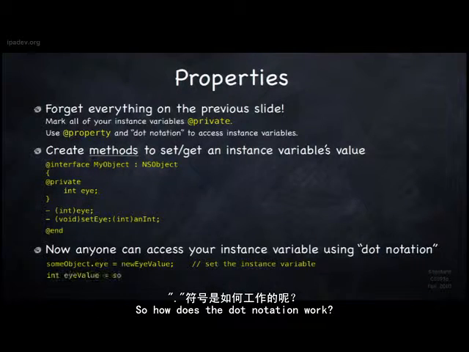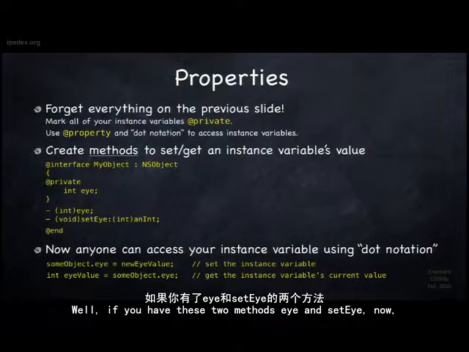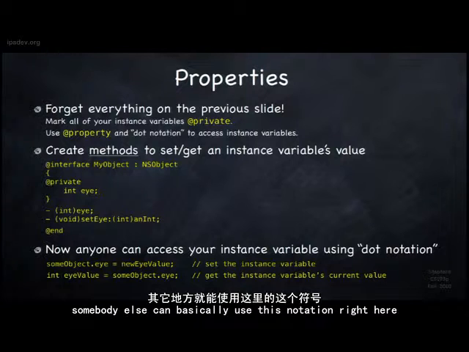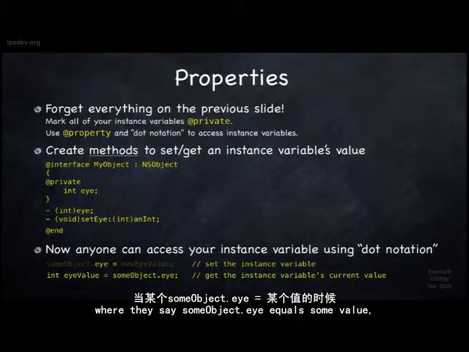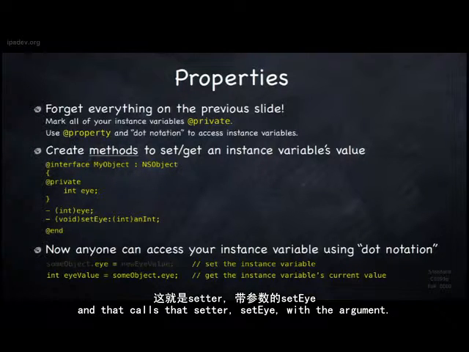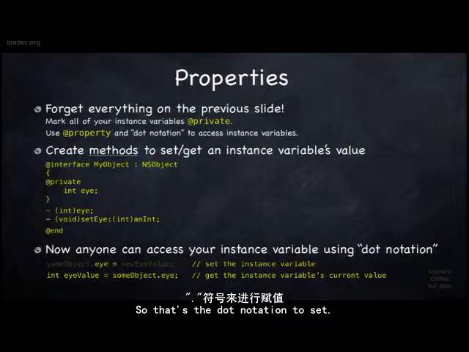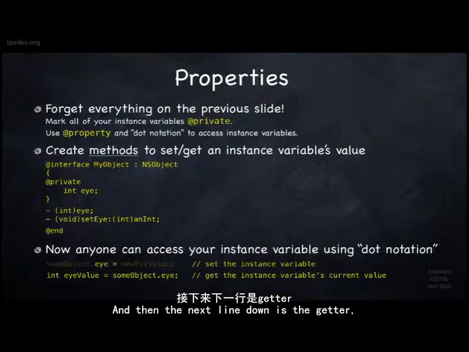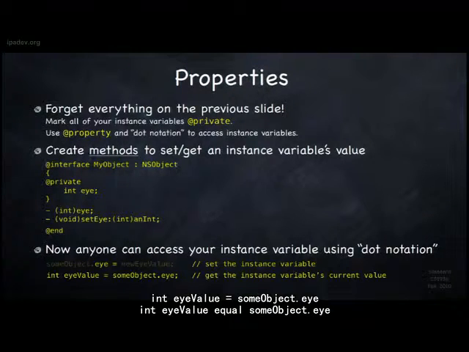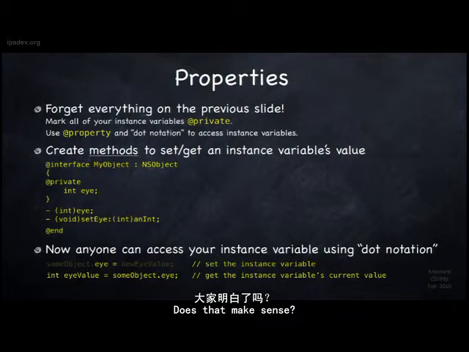So how does the dot notation work? Well, if you have these two methods, i and setI, now somebody else can basically use this notation right here, where they say someObject.i equals some value, and that calls that setter, setI, with the argument. I don't know if you can even, maybe that's too dark, but that's the dot notation to set, and then the next line down is the getter. int iValue equals someObject.i, and that calls the getter.